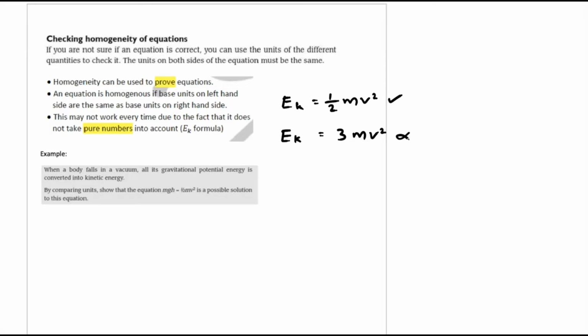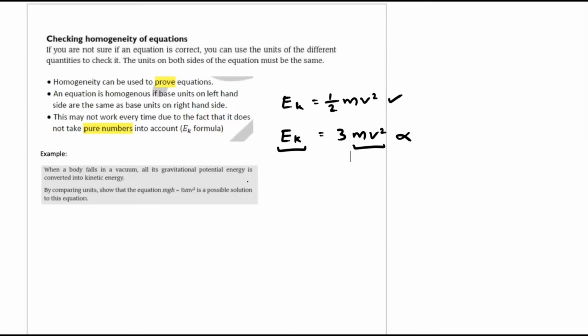But in terms of homogeneity, they are still homogeneous, that means the base units on the left and the right are the same. So although they are homogeneous, it's not true. Checking homogeneity has one weakness, because it doesn't take the number into account, which can make the equation wrong.